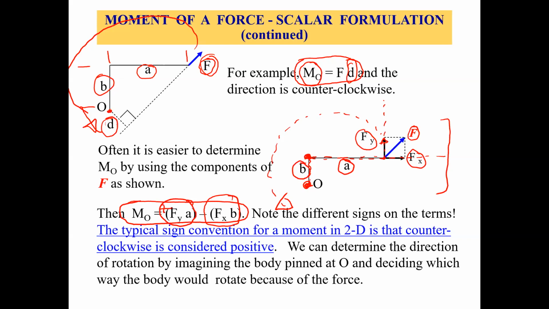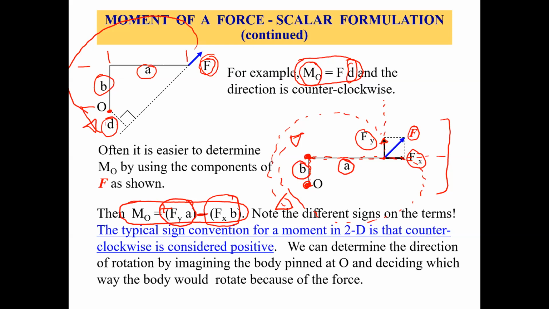So we have a positive sign here, Fy times A. Now, if you look at this Fx, it is creating a clockwise moment, so Fx times b would be negative. So we have a negative sign here.